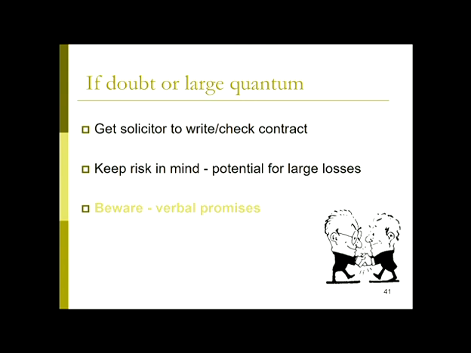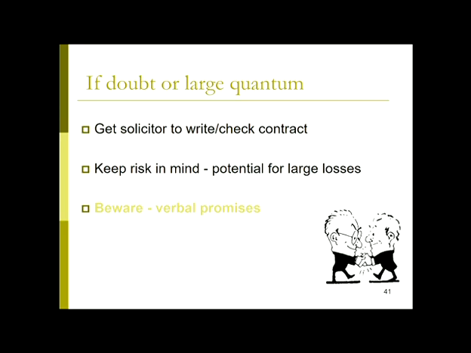So when in doubt, and/or there's a large amount of money involved, get a specialist. Contract a specialist to come and help you with the development of your contracts. Certainly this enables you to keep the risks in mind, identify the risks, and have the best chance of minimising those risks. And certainly if you're talking about a big complex project and contracts associated with it, verbal agreements are out.